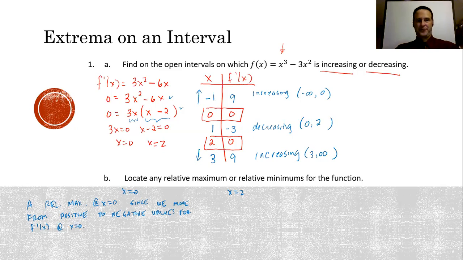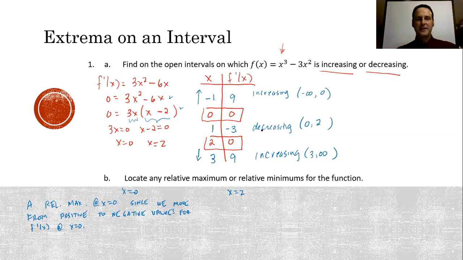So a couple things here. We move from positive values, these are positive values, to negative values for f prime of x. So make sure you use the function that we're talking about in terms of our t-chart, and then recognize that these are just values. They are not slopes. They are slopes for f of x, but not the slopes for f prime of x. That would be like a double slope.